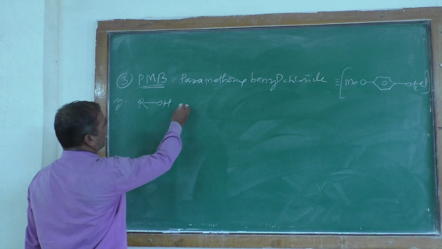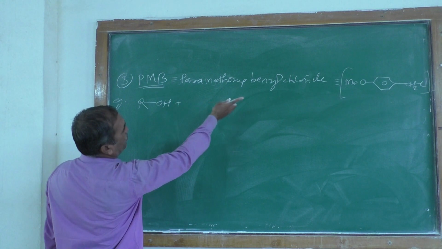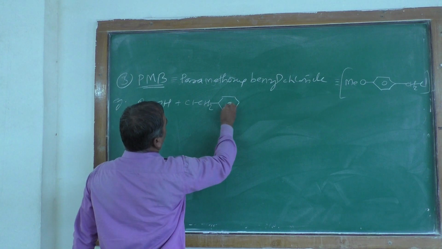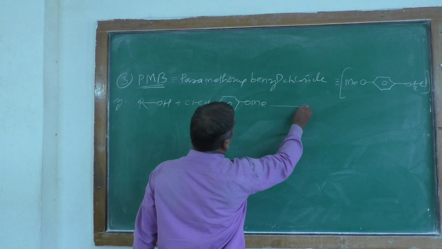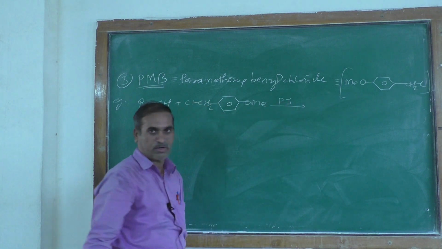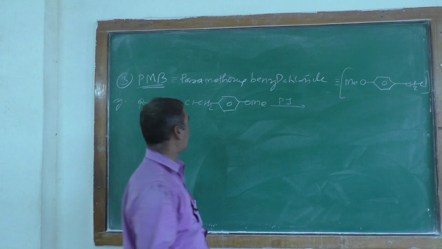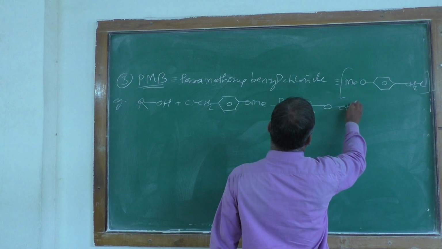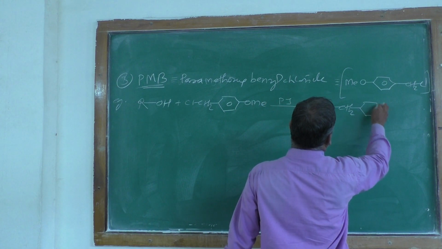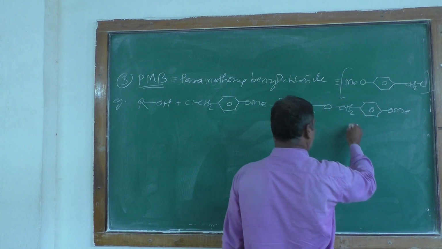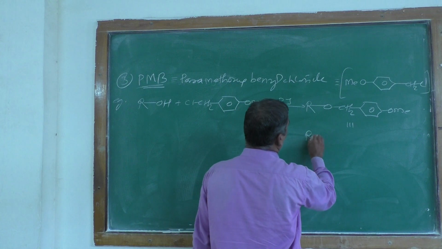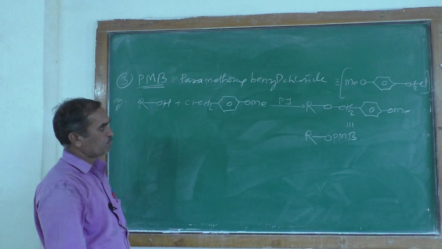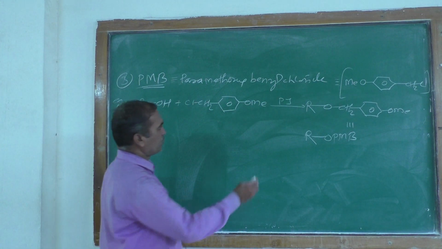And that ROH is further treated with PMB, that is Cl-CH2-Ar, in presence of a base normally employed as pyridine, which is readily available, and therefore you are going to get RO-CH2 and then this one, OMe, and this group we can write in short as ROPMB.